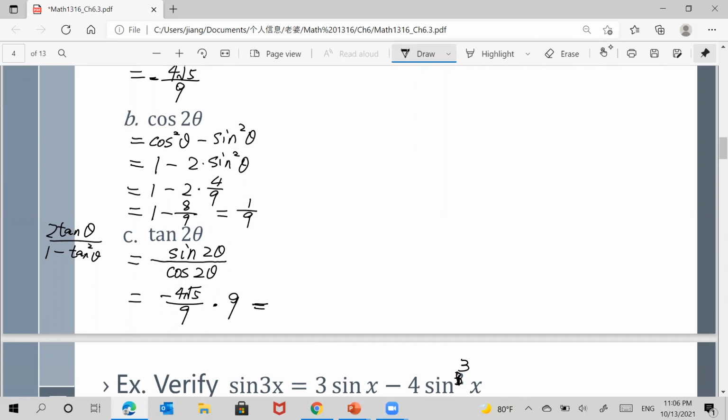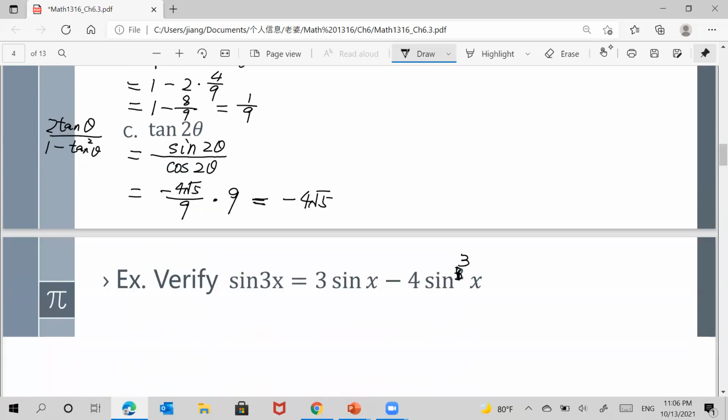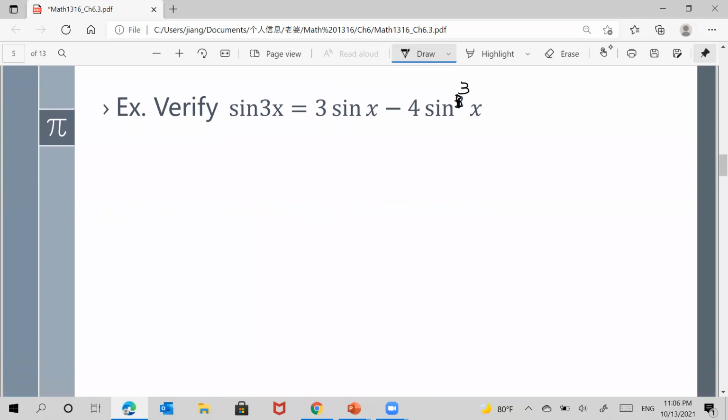I skipped some steps, so you can continue to write down the steps, because I have no space here. So this one equals negative 4 times square root of 5.